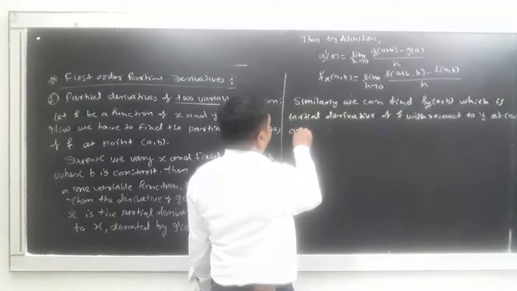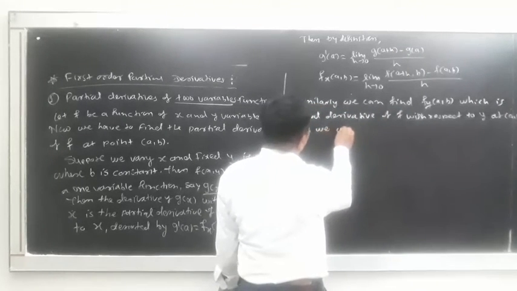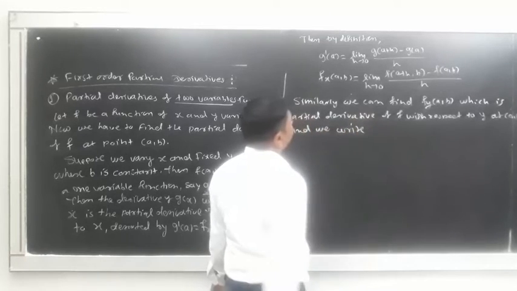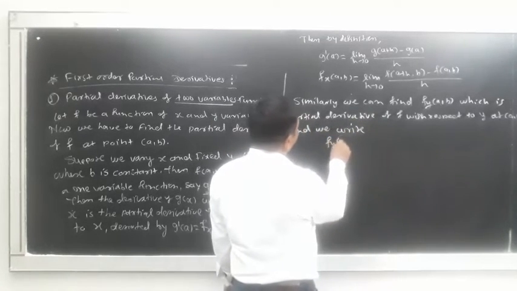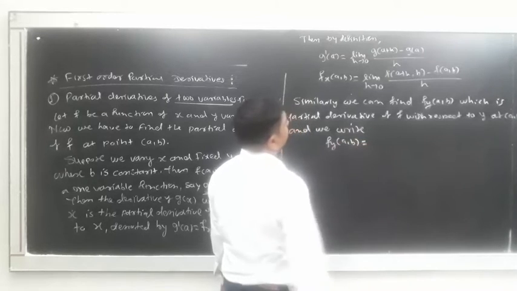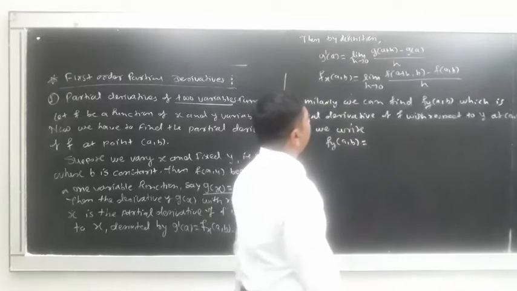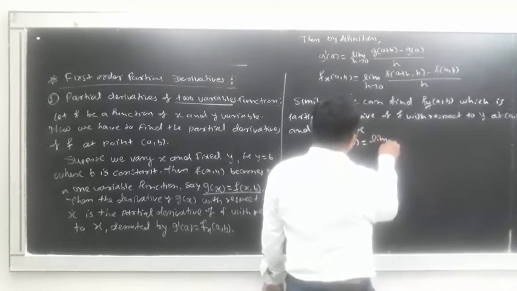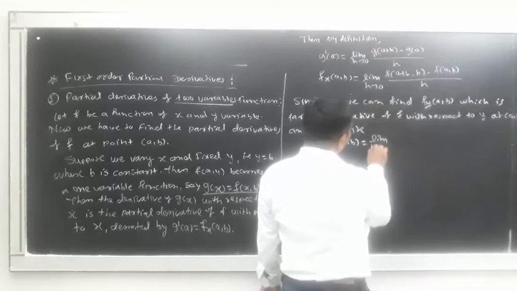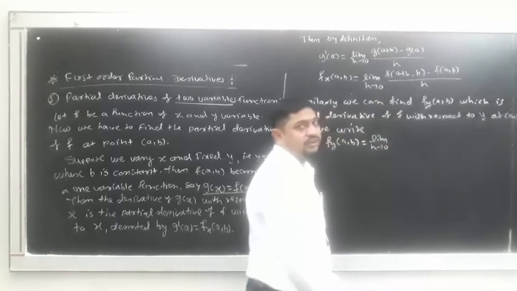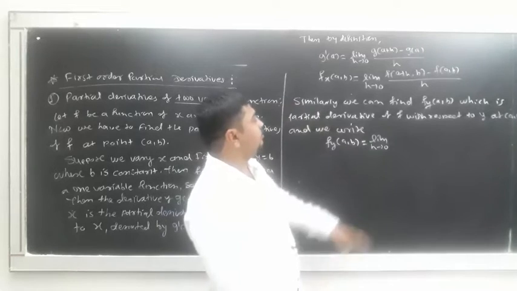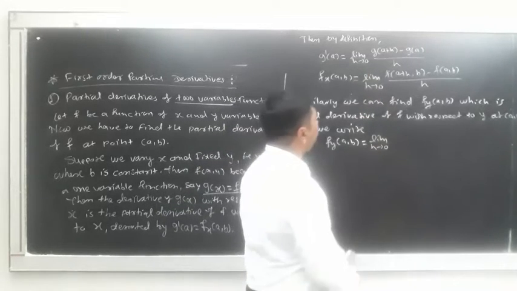And how we write the definition? Fy at AB is equal to the limit, here you can take h tends to 0, or you can change here. If you take h, no problem. What it means?